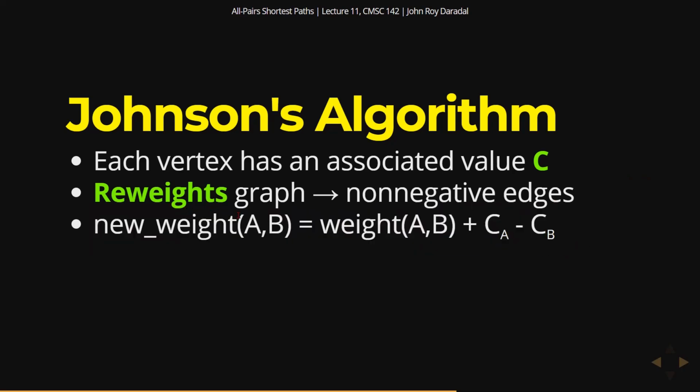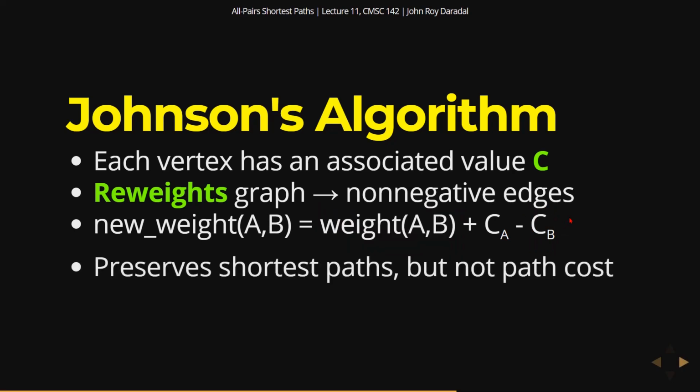The new weight of AB is equal to the original weight of AB plus the score or the value of the source vertex A minus the value of the destination vertex B. Okay, so if it's A to B, you add the value of A and then you subtract the value of B to the original weight. So that is how we'll reweight it.